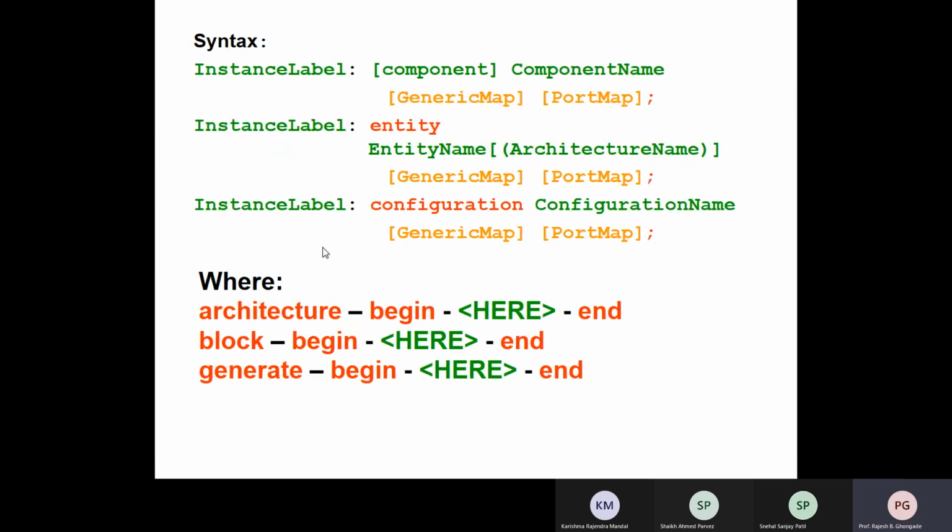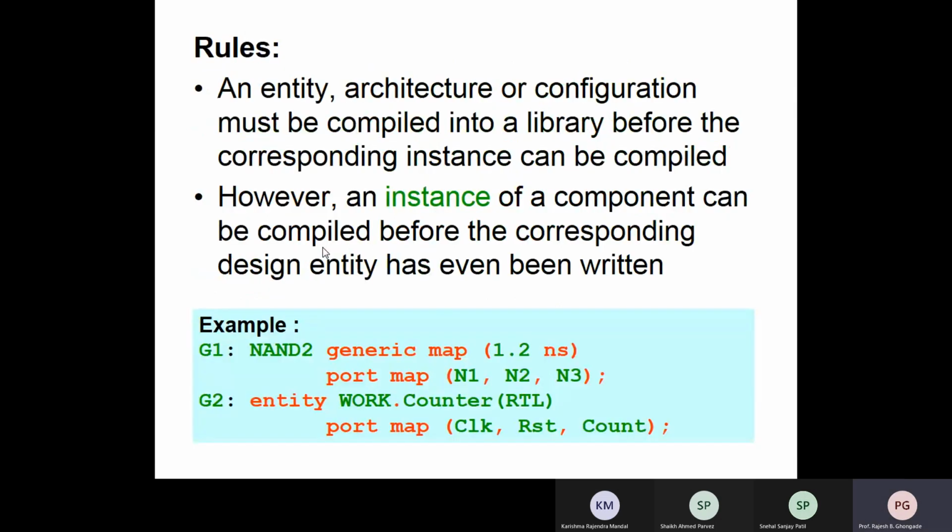Okay. So where can you use it? In architecture, after begin, before end. In the block, after begin, before end. In generate, after begin, before end. What are the rules? An entity, architecture or configuration must be compiled into a library before the corresponding instance can be compiled. A very, very important thing.